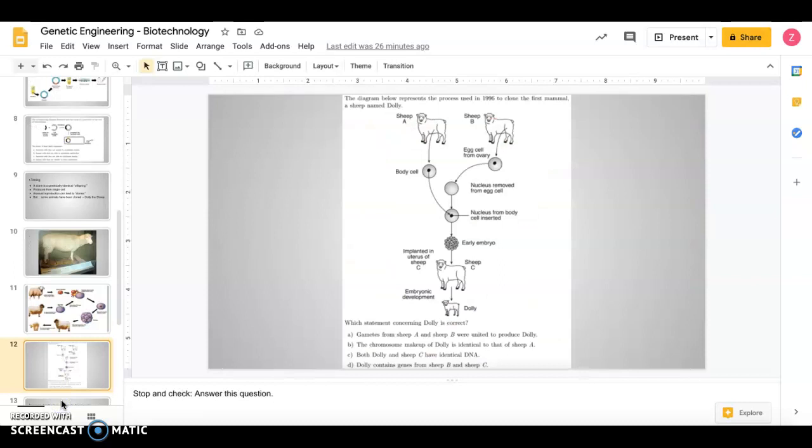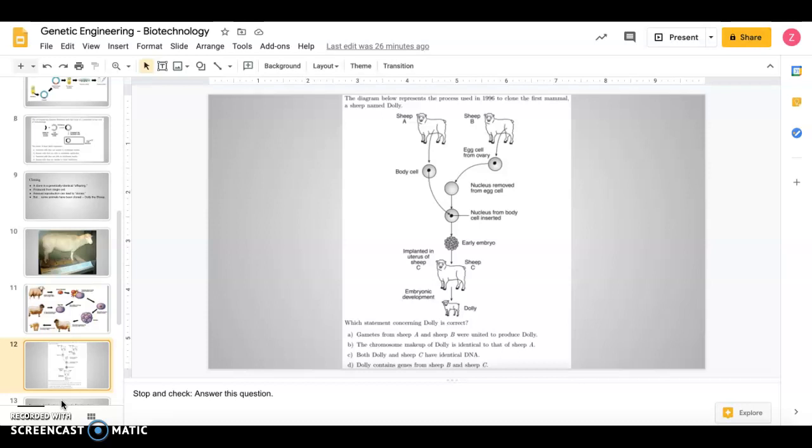Now let's stop and check and answer this question. The diagram below represents the process used in 1996 to clone the first mammal, a sheep named Dolly. We just talked about her. Look at the flowchart. Which statement concerning Dolly is correct?